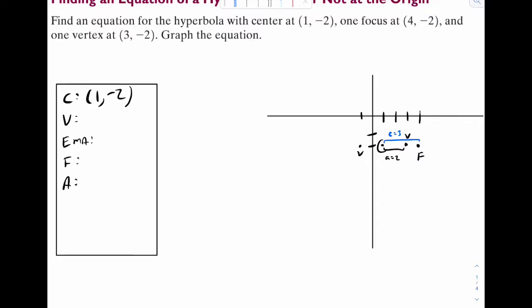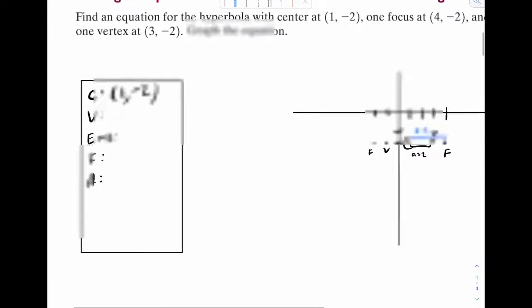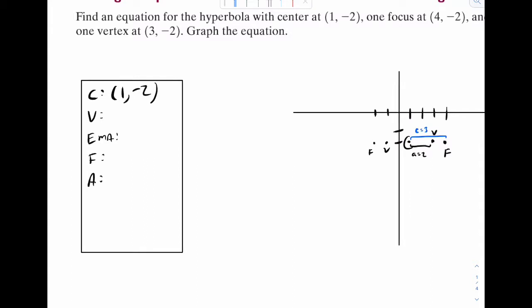And the focus should be 1 more unit past that, so I'll put 1 more tick. There's our focus. And now I can label that. So the vertex should be 1 plus or minus 2, comma negative 2. And our focus should be 1 plus or minus 3, comma negative 2.